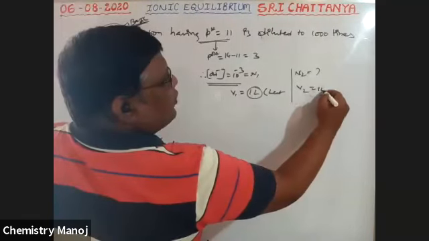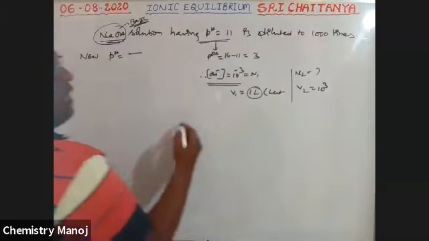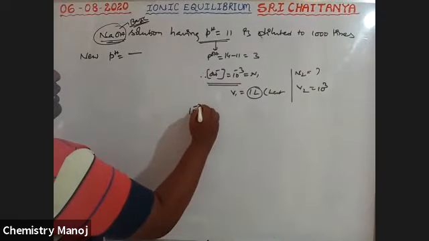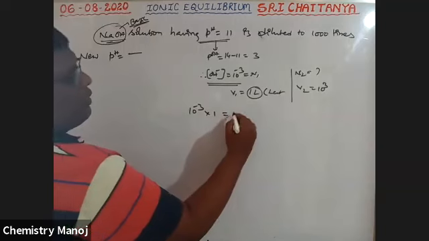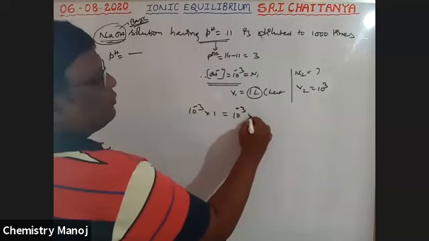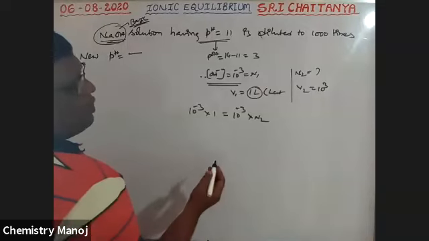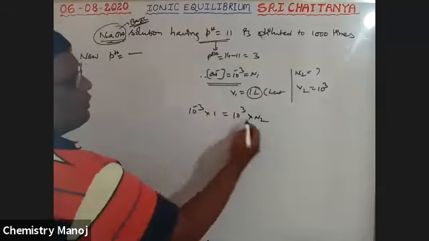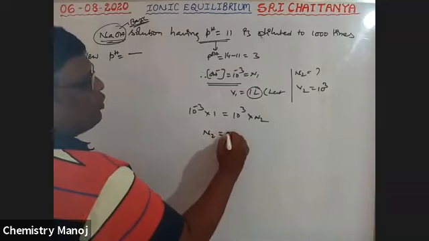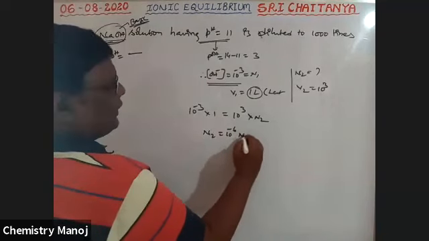Apply N1 V1 equal to N2 V2. That implies N2 is equal to 10 power minus 6 N.